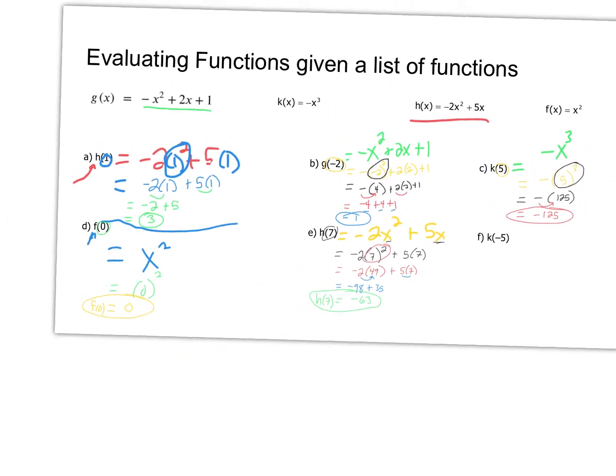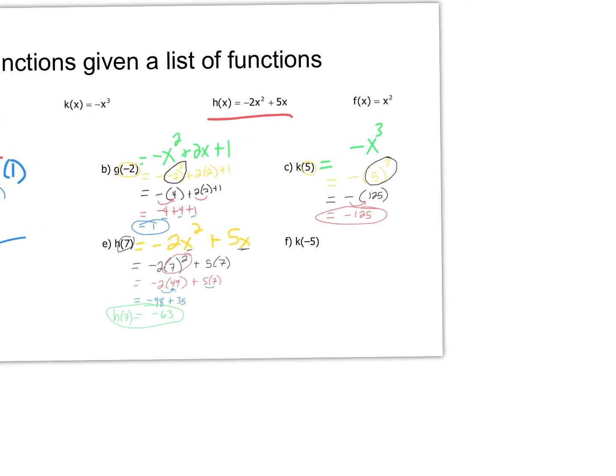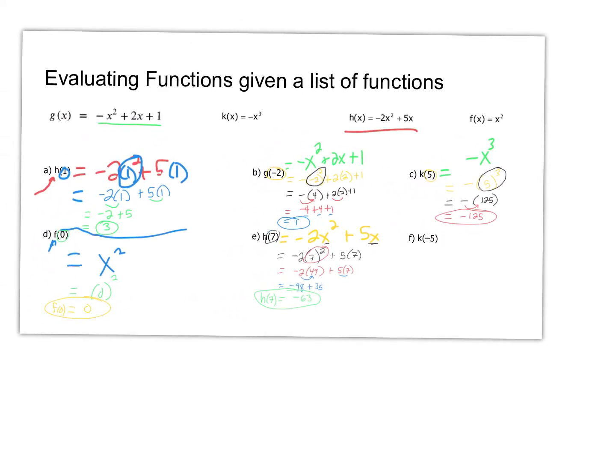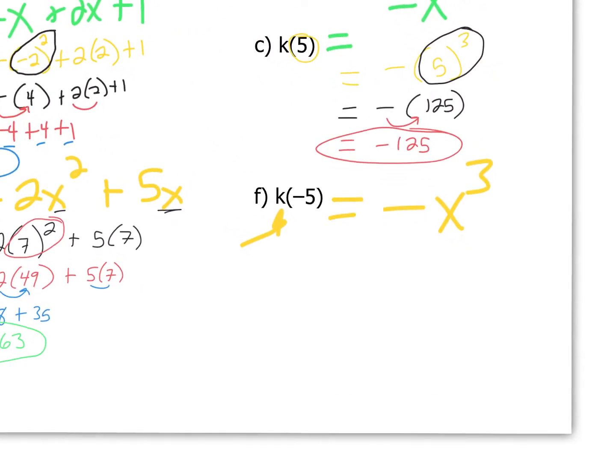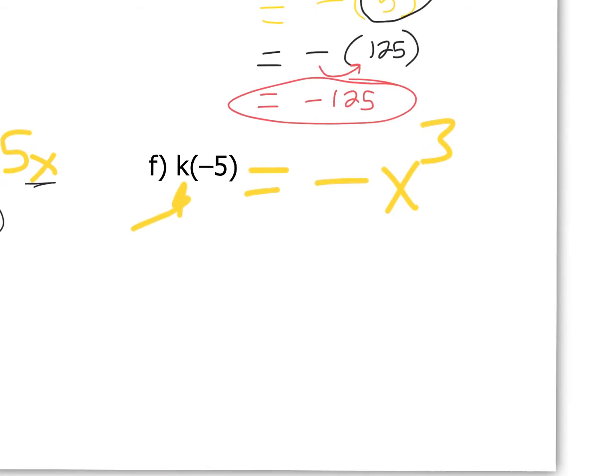Alright, let's look at this last one over here. We're going to use the k function because looking at our value here, we're using k. The k function is negative x cubed. In this case, we're going to put negative 5 in for the x.